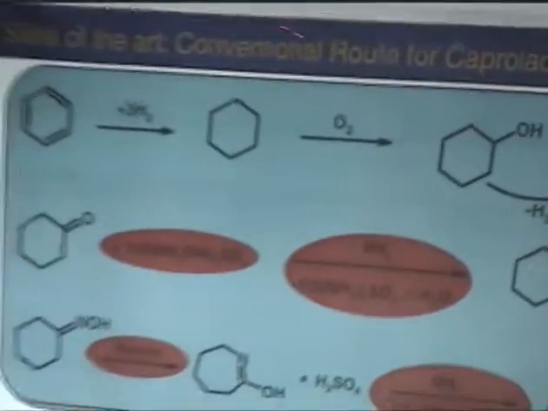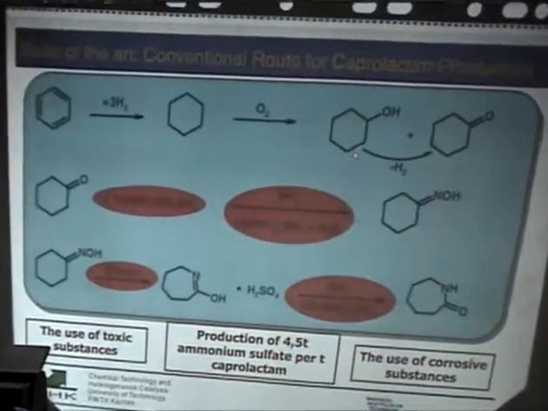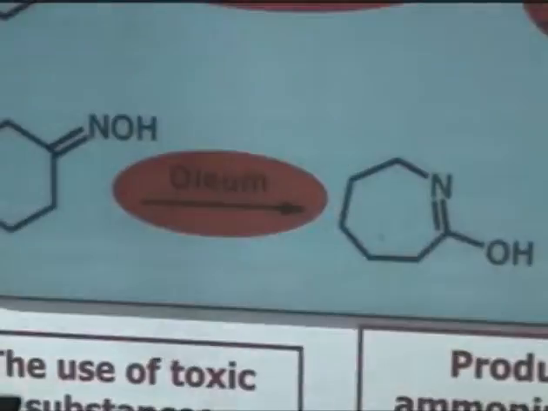Caprolactam is mainly produced via the conventional route, starting from benzene via cyclohexane, oxidation, and then the oximation of cyclohexanone in the presence of hydroxylamine and sulfuric acid, neutralization.